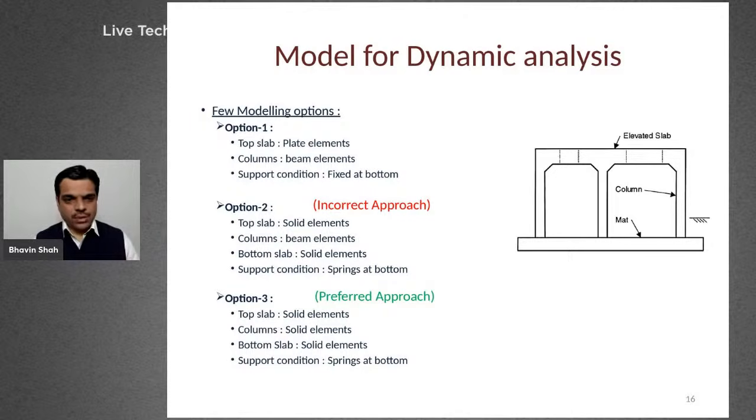Instead, directly fixed support was applied in the first model. But in the second option, the bottom slab is modeled again with solid elements, and the support condition is springs at the bottom.